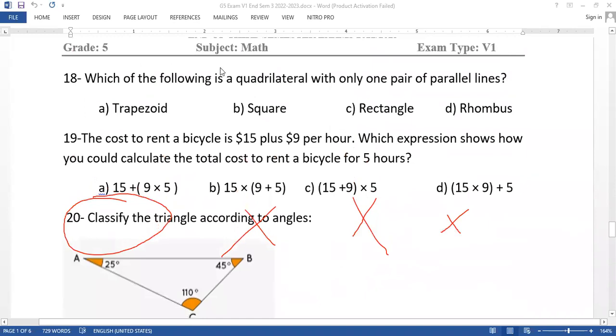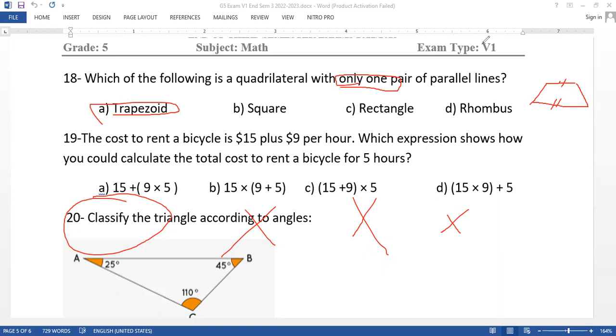Next question. Which of the following is a quadrilateral with only one pair of parallel lines? Remember this word, only one pair of parallel sides, it means a trapezoid. Look at this trapezoid. This pair, parallel. The drawing is not nice.